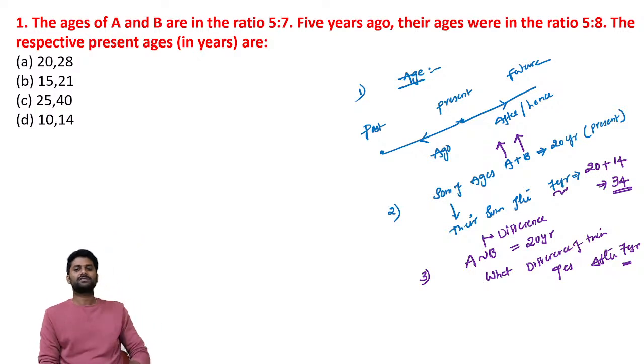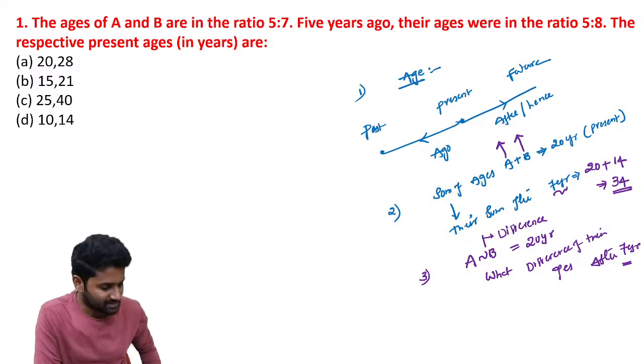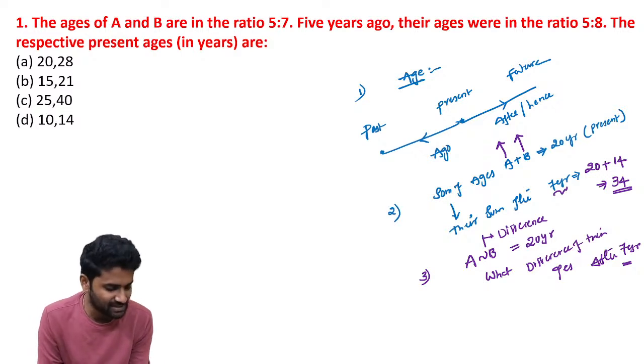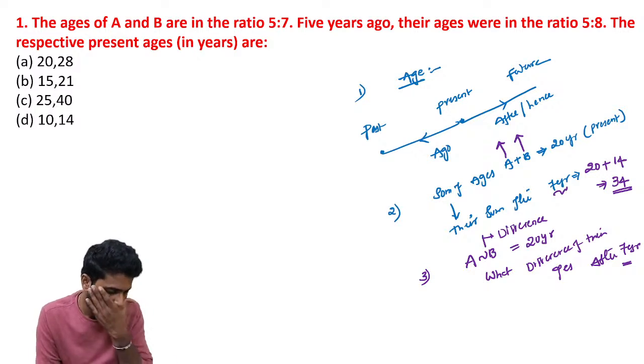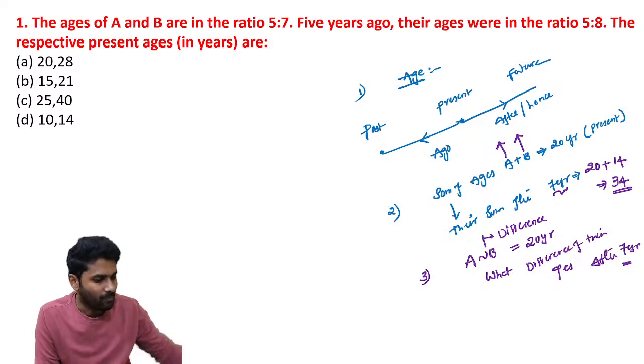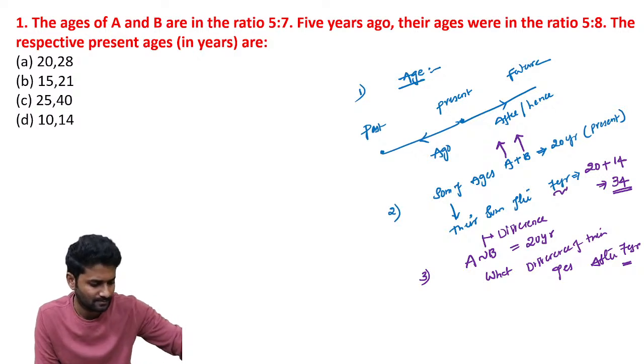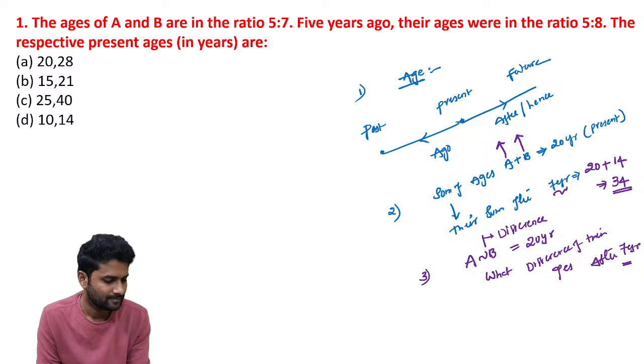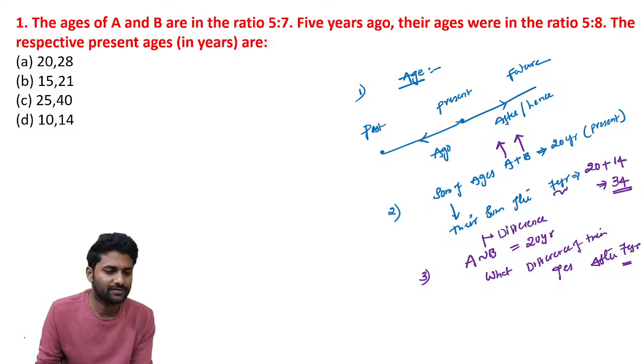Present age difference is 20. After 7 years, what can be the age difference?